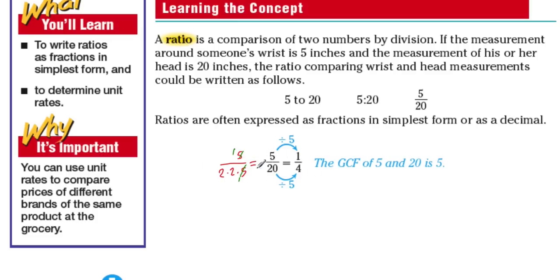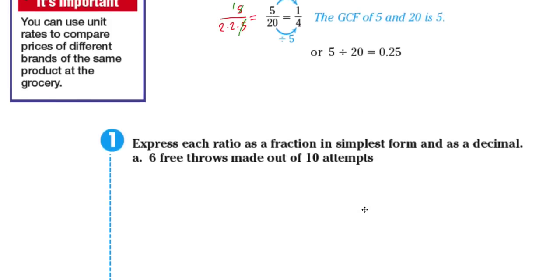So again, this is still the best way of finding the simplest form of a fraction. Now, another way of doing that is by using a calculator, of course. If you use a calculator, 5 divided by 20 will give you a decimal, which is 0.25.